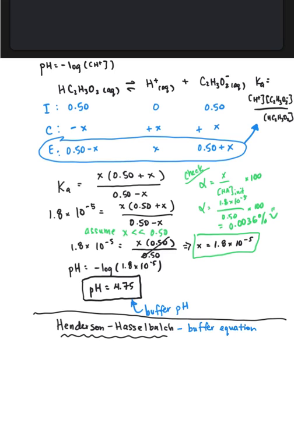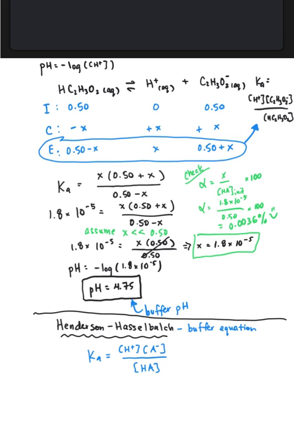To derive the Henderson-Hasselbalch equation, we'll go back to a Ka value for a generic acid. In a buffer, we have both the intact molecular form of our weak acid and its conjugate base initially in solution simultaneously.